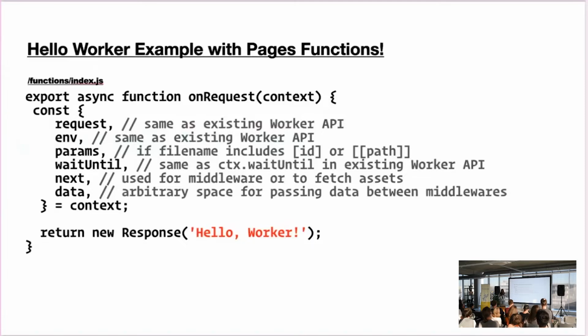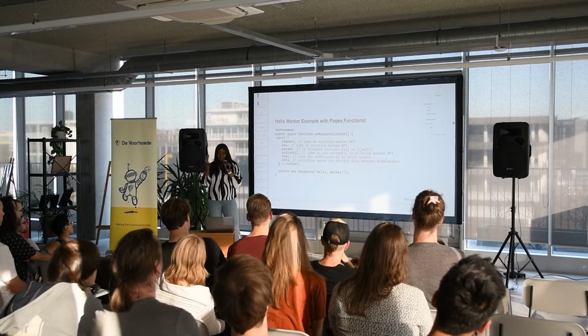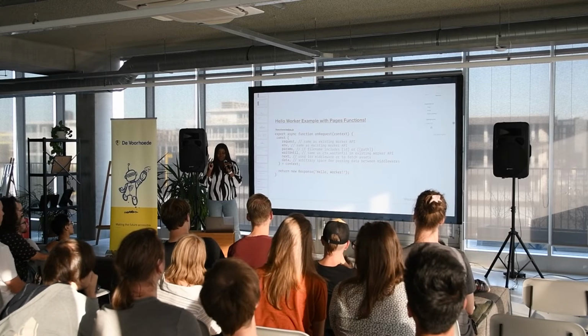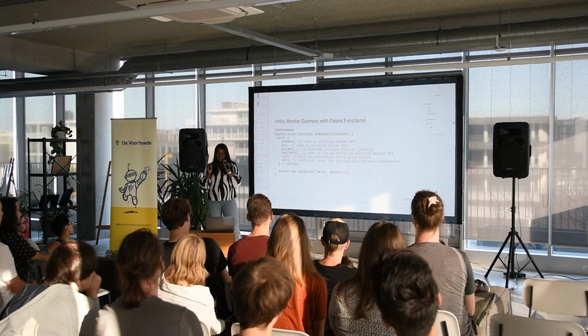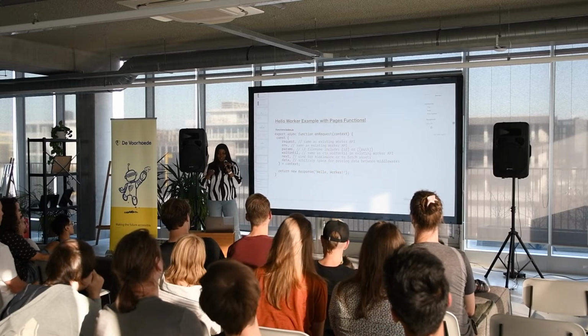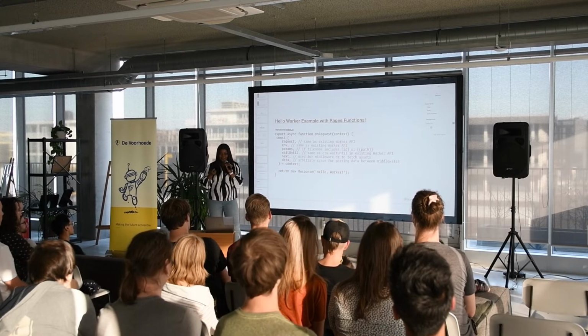Now, I showed you an example of what a Cloudflare worker syntax looks like. Now, this is a Pages functions application, right? The difference here is, of course, the parameters I've passed into it, and also the request handlers that you get. So it's kind of similar. You just need to know that with Pages functions, you need to pass in an onRequest handler.